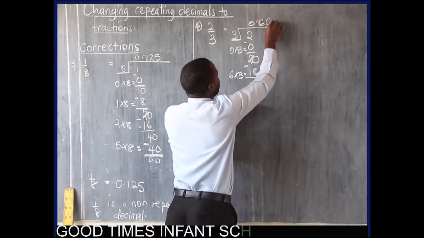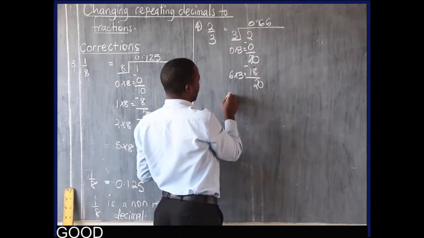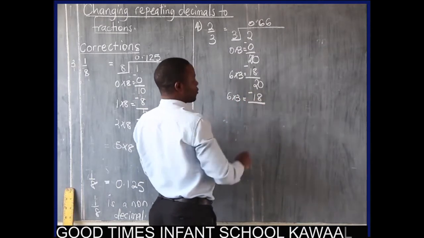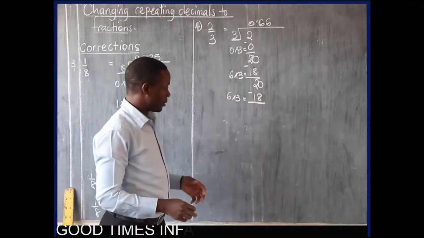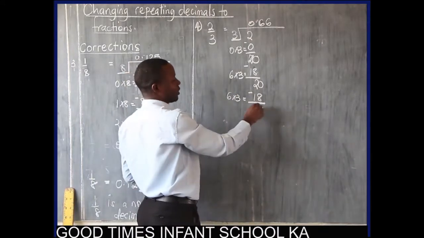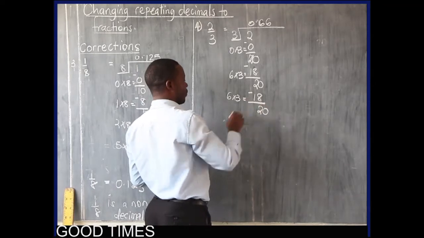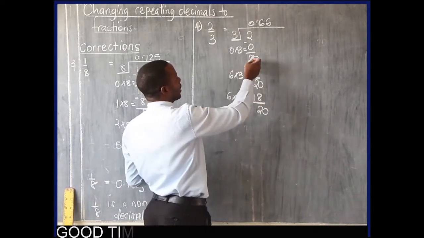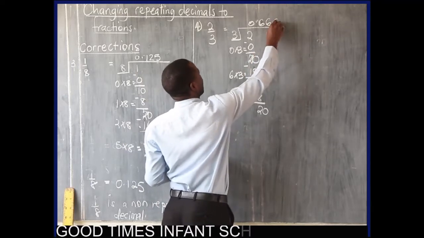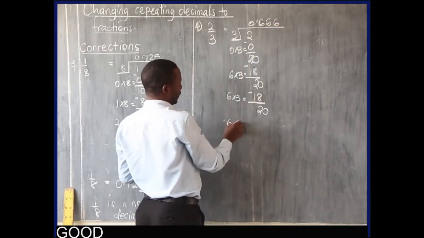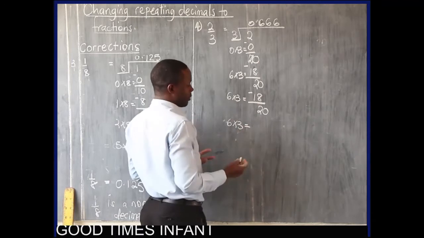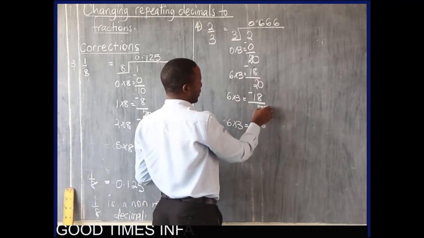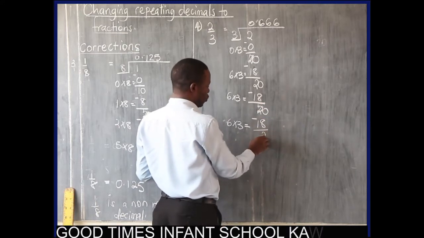It also gave us 6. 6 times 3 is 18. 20 minus 18, you will see a 2, add a 0, it becomes 20. 20 here has been giving us a 6. So 6 times 3, you will get 18. So when you subtract, you will still get a 2.